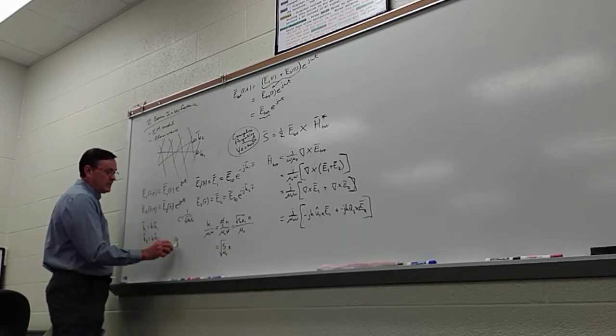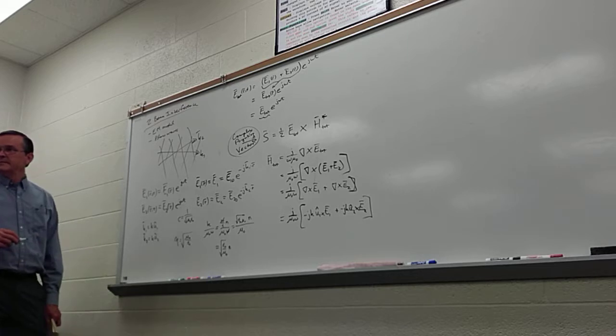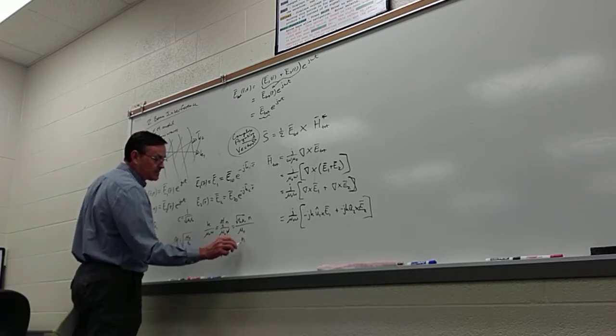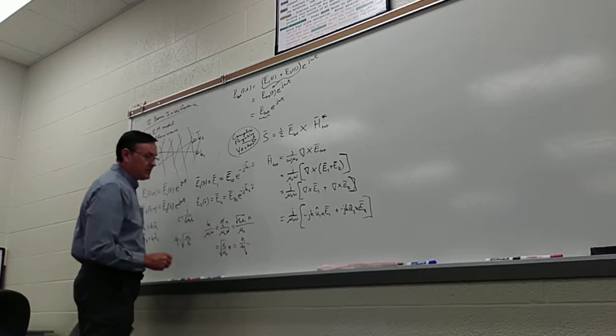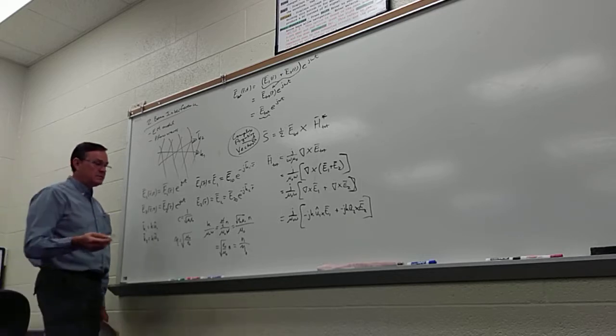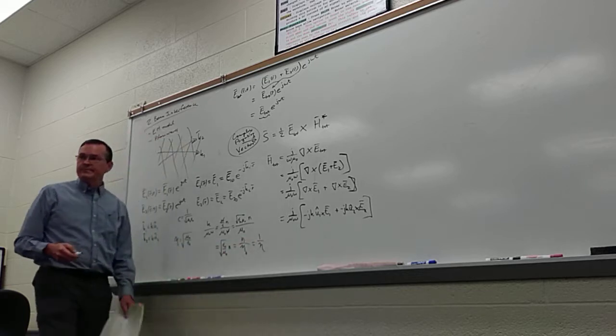And then the impedance of free space is the square root of mu naught over epsilon naught, right? So this is refractive index over the impedance of free space, which is just 1 over the impedance of the medium.